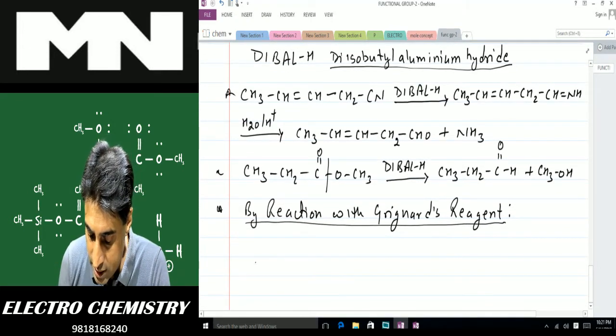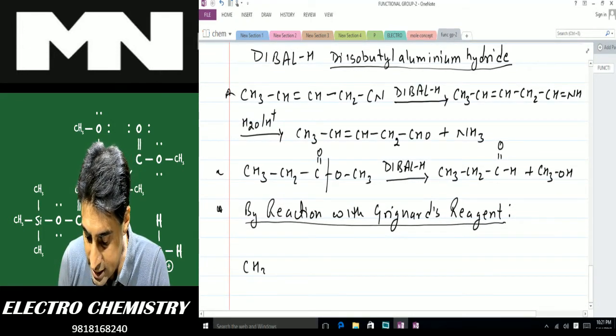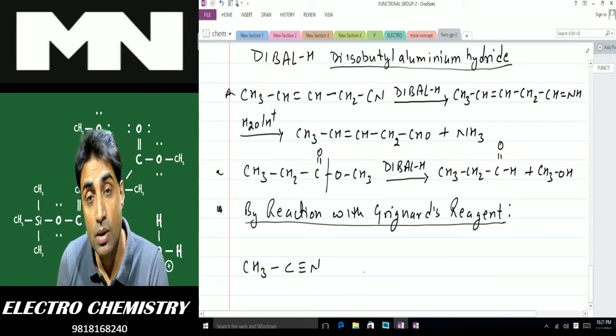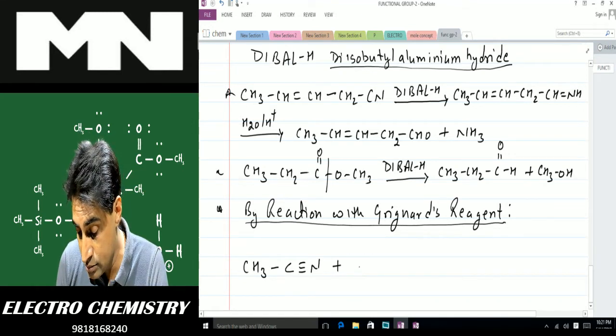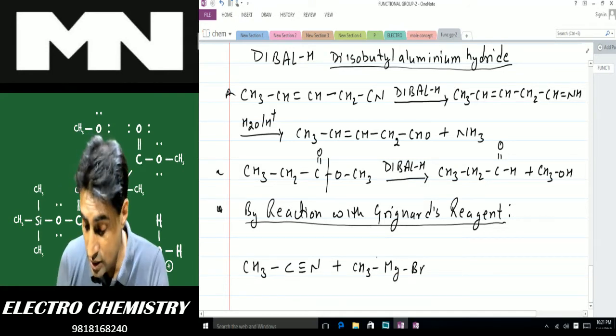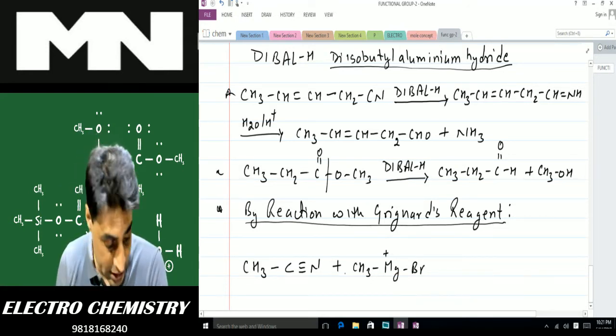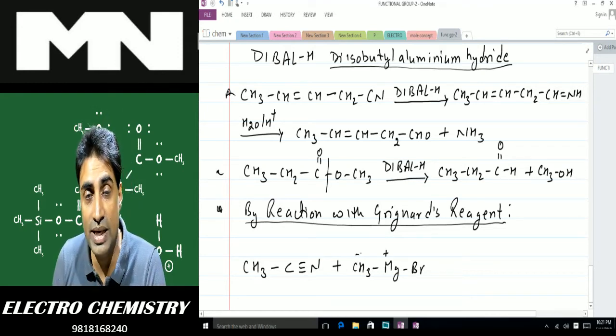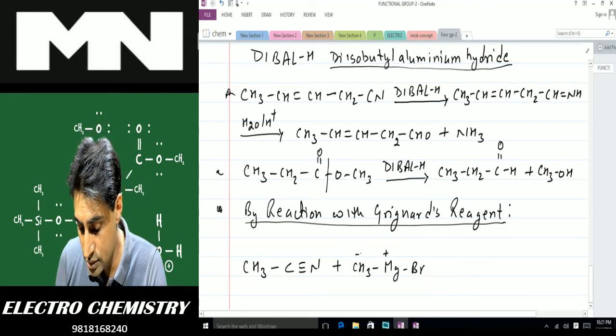Now, if I have a cyanide, that is CH3-C≡N, and I am reacting it with, say, CH3MgBr, then the bond between Mg and Br will break into Mg positive and carbon negative, because metals have a tendency of donating electrons.